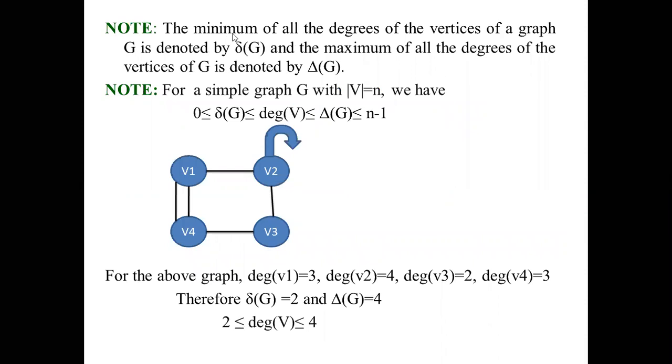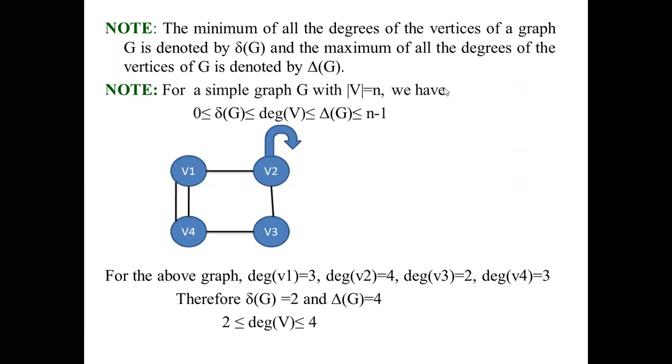Next note point. The minimum of all the degrees of the vertices of a graph G is denoted by delta of G, and the maximum of all the degrees of the vertices of G is denoted by capital delta of G. For a simple graph G with number of vertices equal to n, we have the condition 0 less than or equal to delta of G less than or equal to degree of V less than or equal to capital delta of G less than or equal to n minus 1.